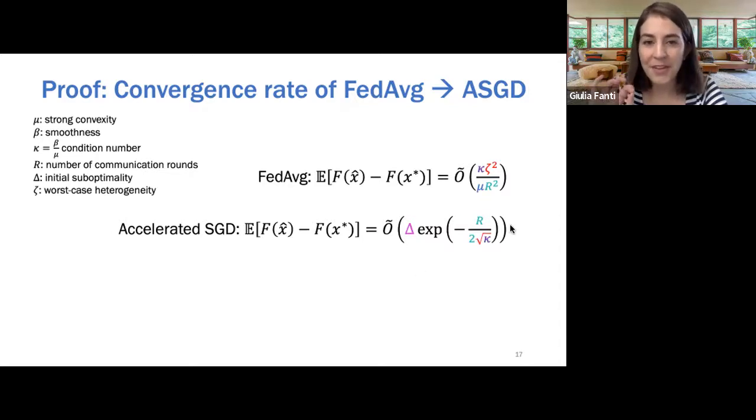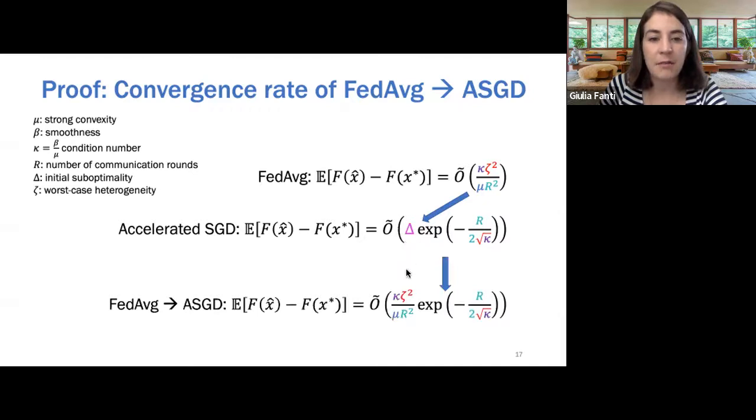Now, the key observation here is that the convergence rate for accelerated SGD has this dependency out front on the initial suboptimality gap. So all we do is take the convergence rate for FedAvg and we run it for R/2 rounds and we plug it into this delta. And as a result, we get the convergence rate for FedAvg to ASGD.